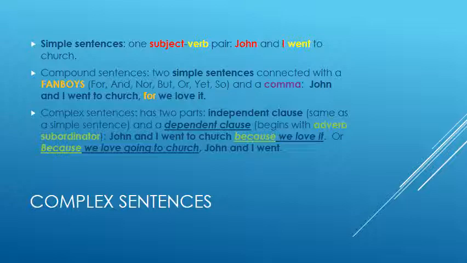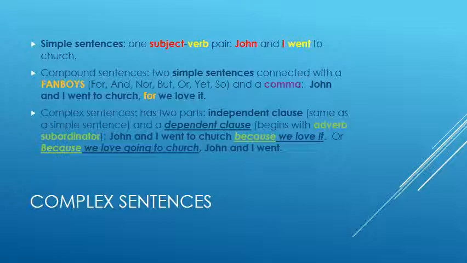the last thing that we need to talk about for the questions that you'll be answering for homework, we want to talk about complex sentences. Now, so far, we've talked about simple sentences and we've talked about compound sentences. Now we're going to add to that complex sentences.